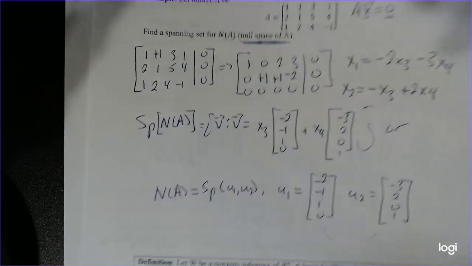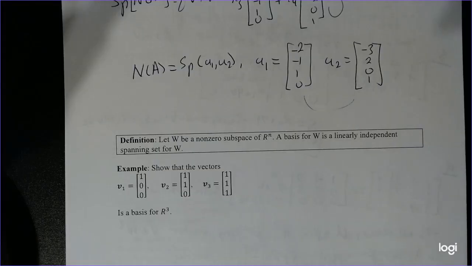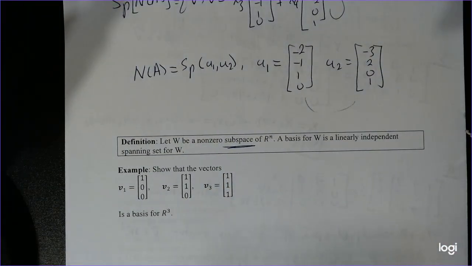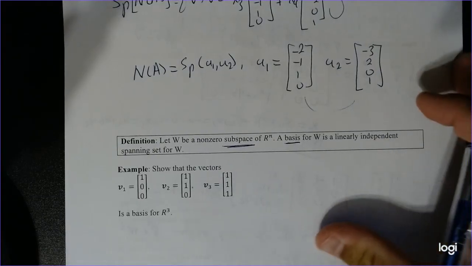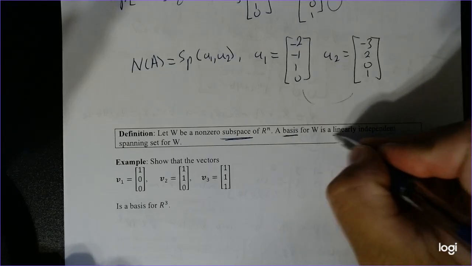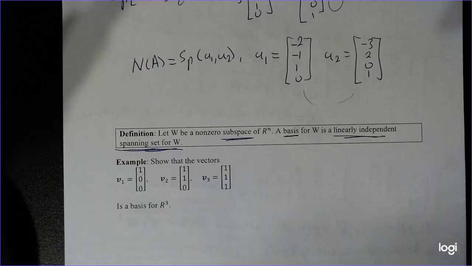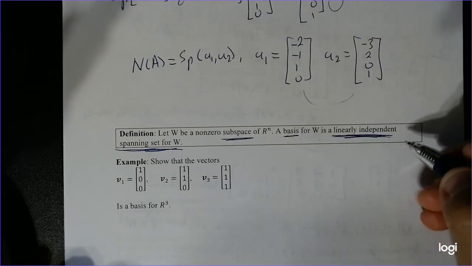All right. Now let's talk about one more definition before we get to the basis. So linear independence. Let W be a non-zero subspace of Rn. Our first official definition: a basis for W is a linearly independent spanning set for W. Now remember, what does linear independence mean? There are a lot of things that characterize linear independence.